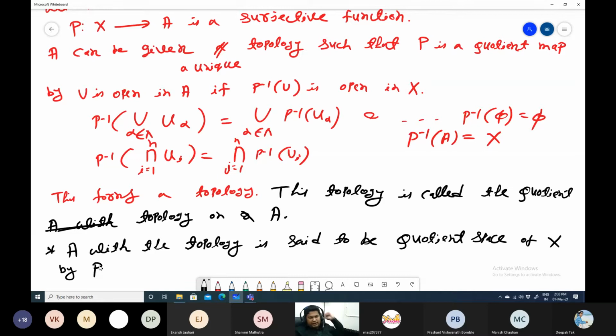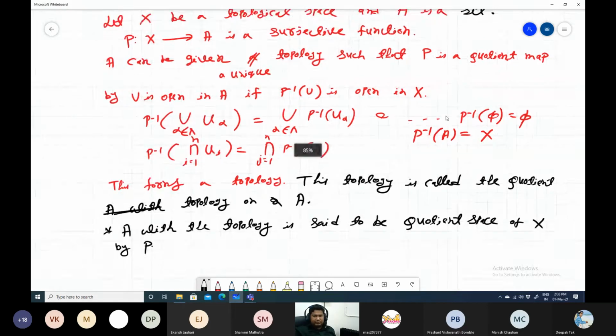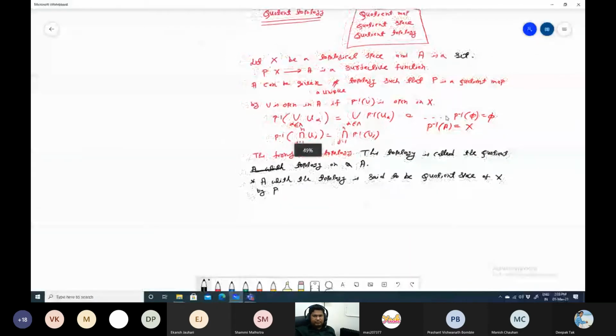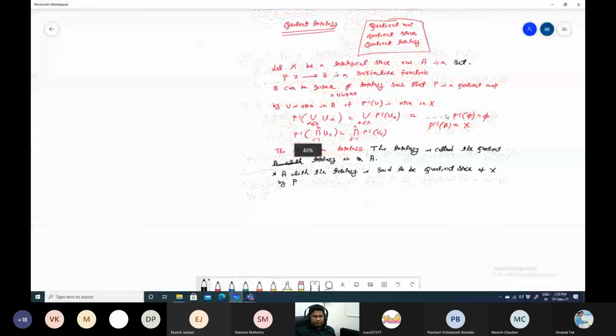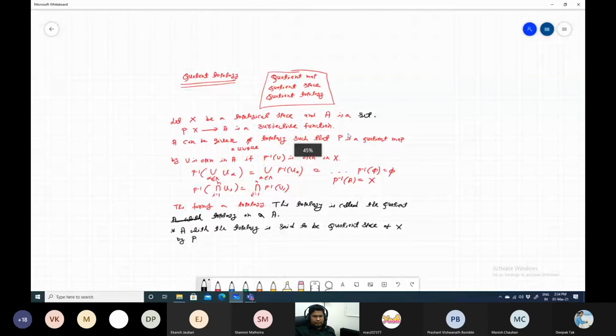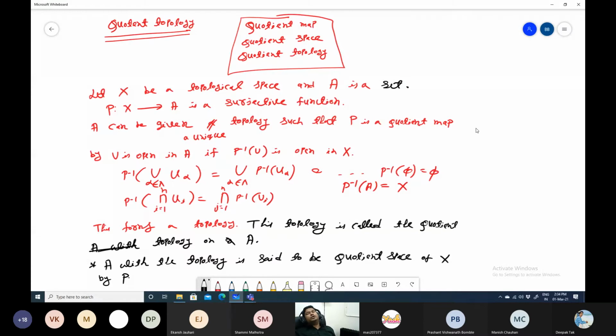Any doubt regarding these three terms? Yes.